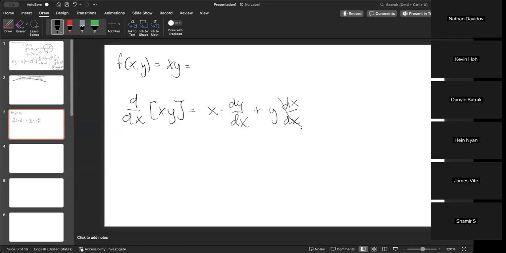So this is 1. We set this equal to 0. And then when we solve, we get dy dx equals minus y over x.